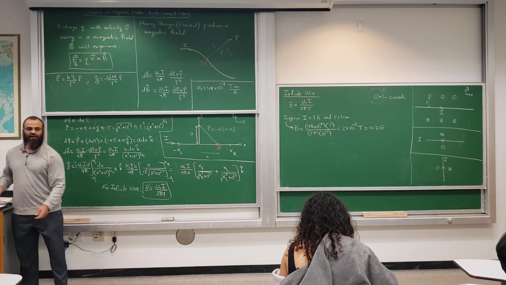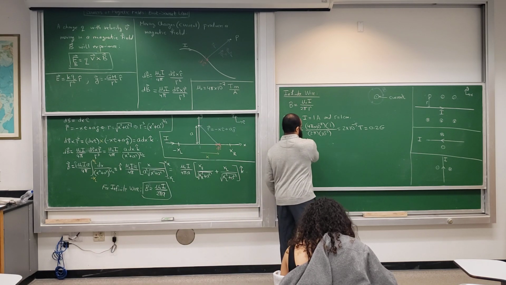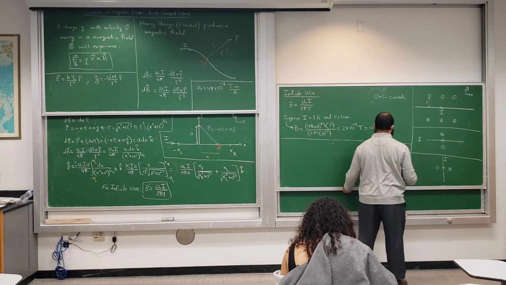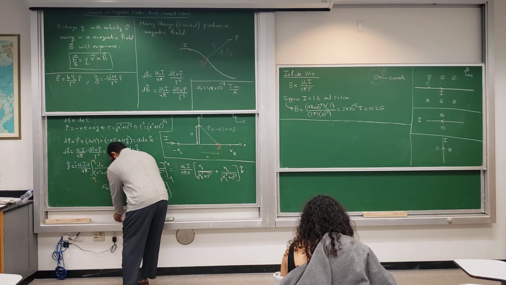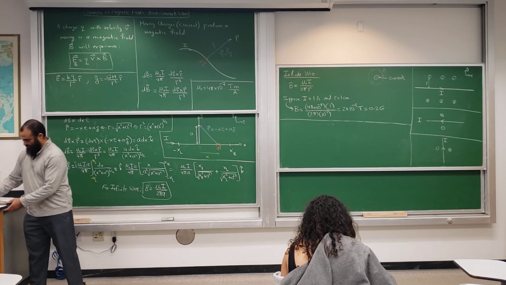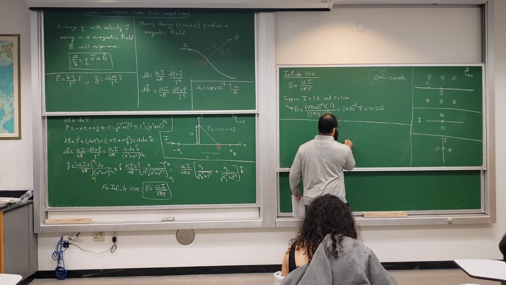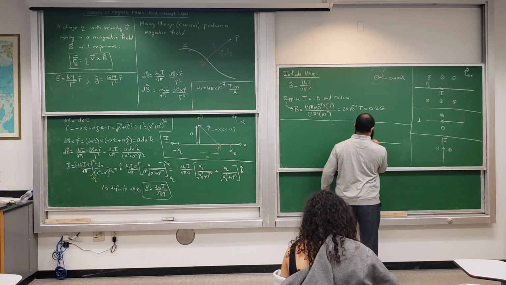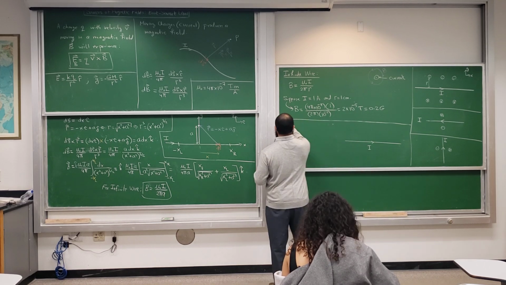Let's do this question. Suppose we have a current that's going this way. Here's the current, I. So this is an example.